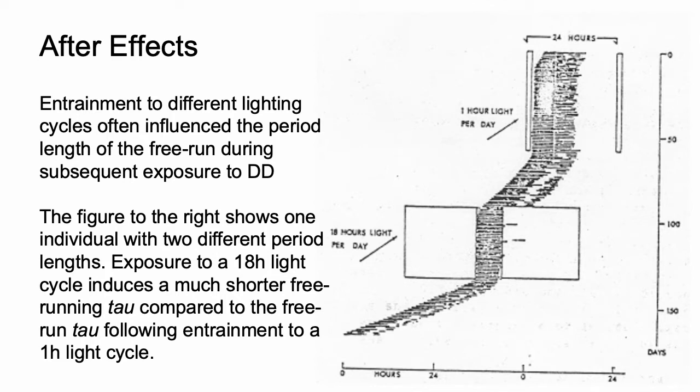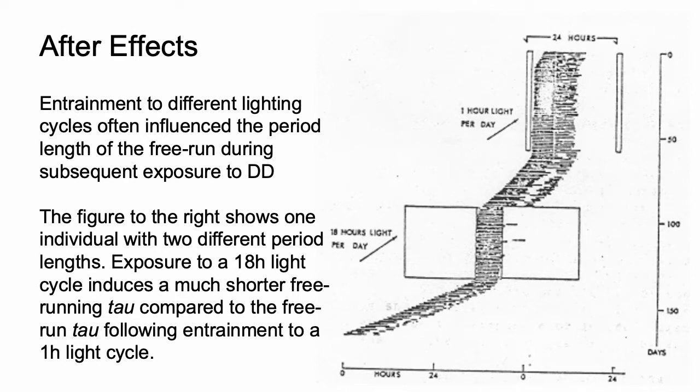These after effects are seen in other lighting regimes as well. Entrainment to different lighting cycles often influences the period length of the free running during dark periods. In this example on the right, we have an individual that has two different period lengths in their free-running rhythm.